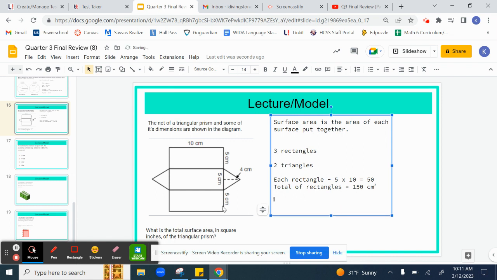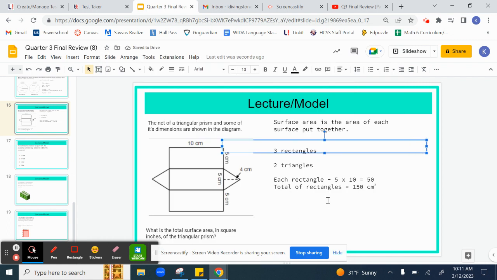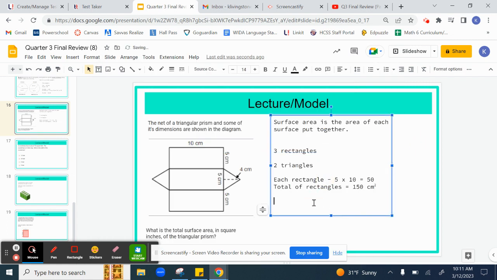All right, now each triangle. Now let's look at the base and height of the triangle. The base is 5 right here, and then the height is 4. So these would be 5 times 4 divided by 2, because they are triangles, which would each be 10.